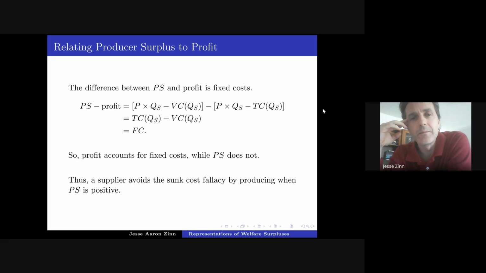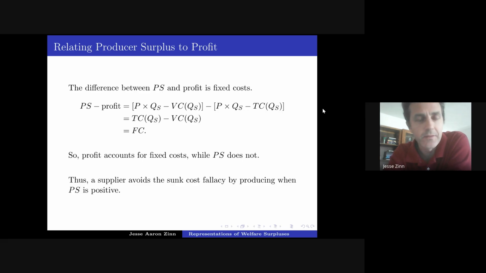And the way that it relates to that is that if they're maximizing profit, then they are maximizing producer surplus. So by looking at producer surplus and profit, we know that if they're maximizing producer surplus, they're maximizing profit, and vice versa, right?